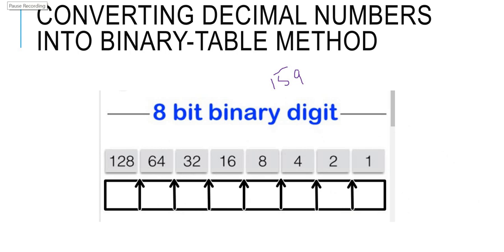Now if our decimal number is 159, then we have to open 128 over here, as it is less than 159. Then when I subtract 128 from 159, I'm getting 31. So I cannot open 64 nor 32, but I can open 16.